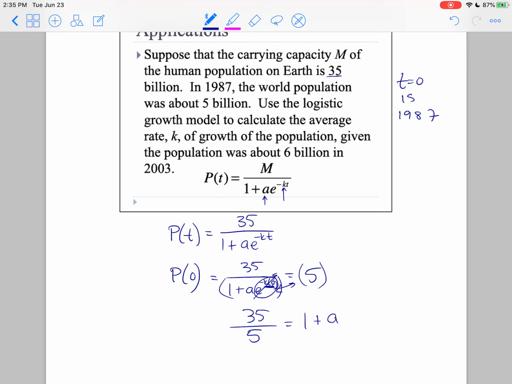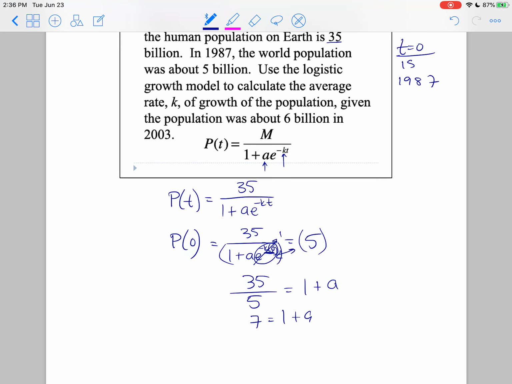So this term right here disappears and becomes 1. And that's why I need that initial date. So we're setting t equals 0 to be 1987, so we can get rid of that e term. And so that means that 7 equals 1 plus A. So A is equal to 6.